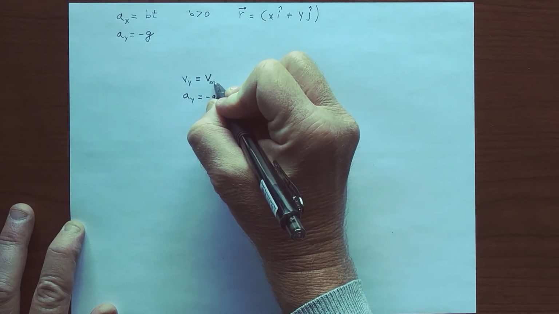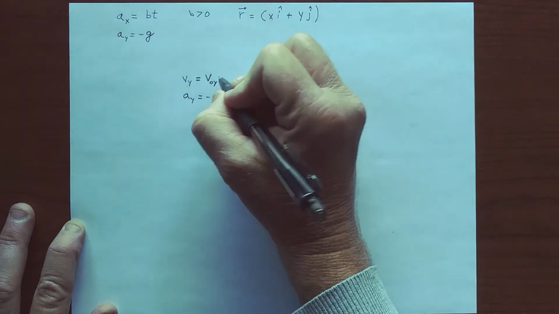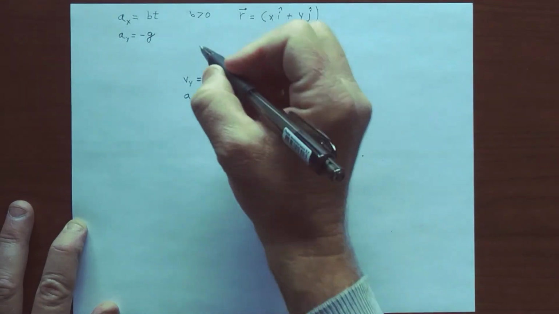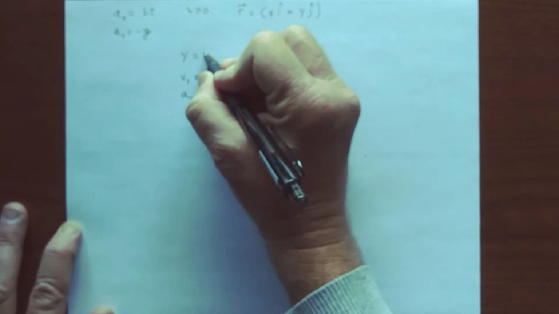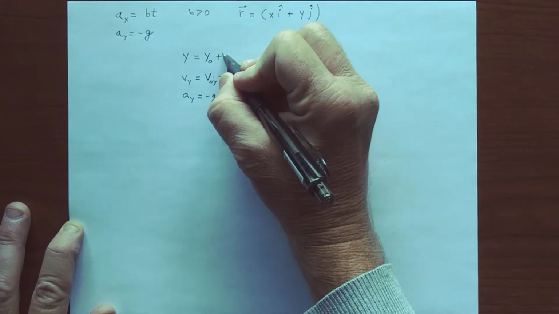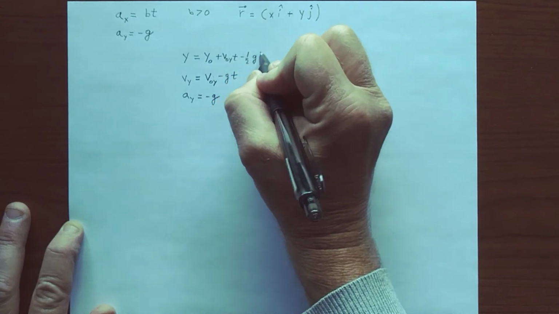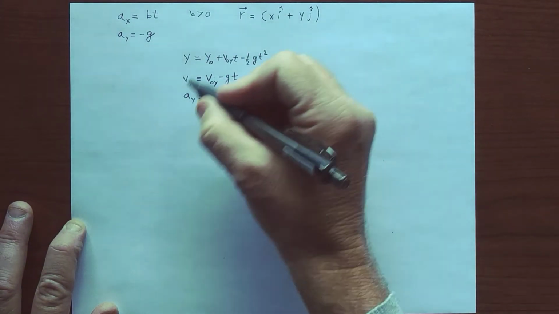Let's call it v naught y, because it's the initial speed in the y direction, minus g times t. And when we integrate that to get the y position, we add an additional constant of integration: y naught plus v naught y times t minus 1/2 g t squared. We already saw this. We're familiar with this.